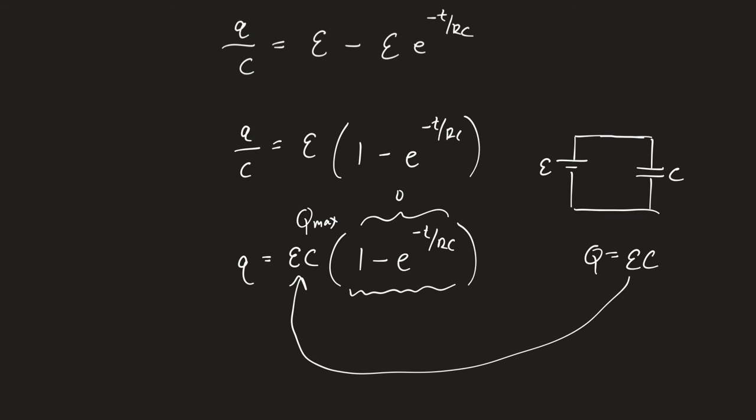Now, as t increases, what happens to this term? It gets smaller, right? It's e to the negative t.